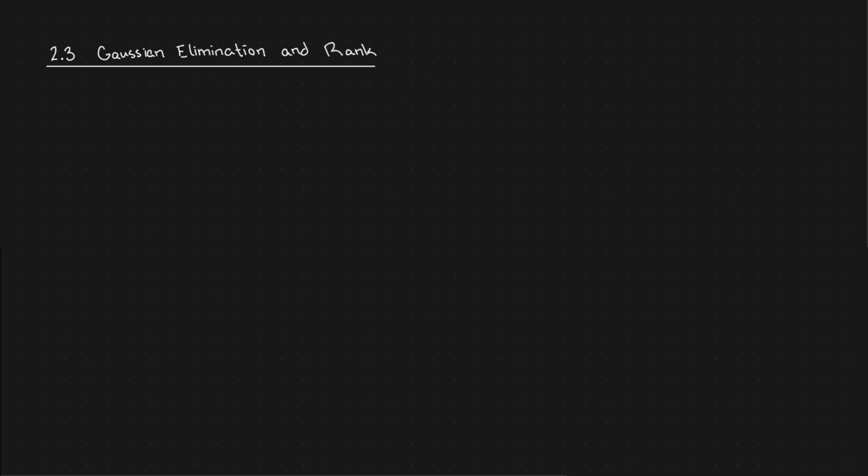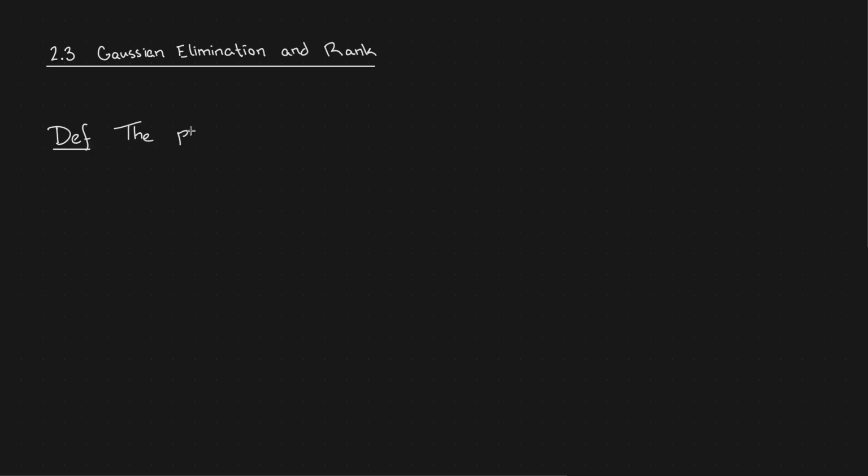In the last section, we learned how to transform a matrix into row echelon form or reduced row echelon form using elementary row operations. So this process has a name. Let's define it.